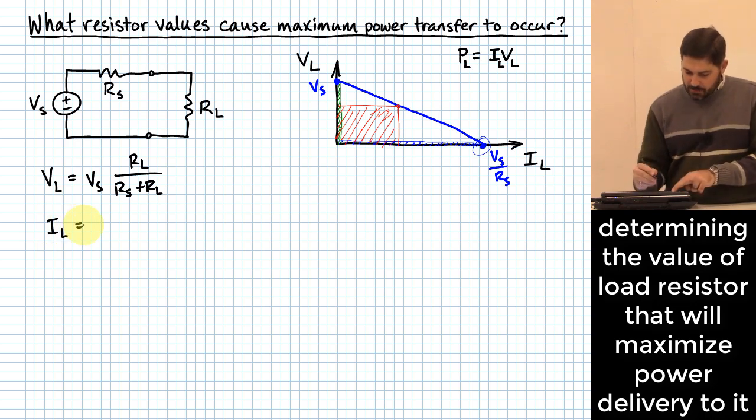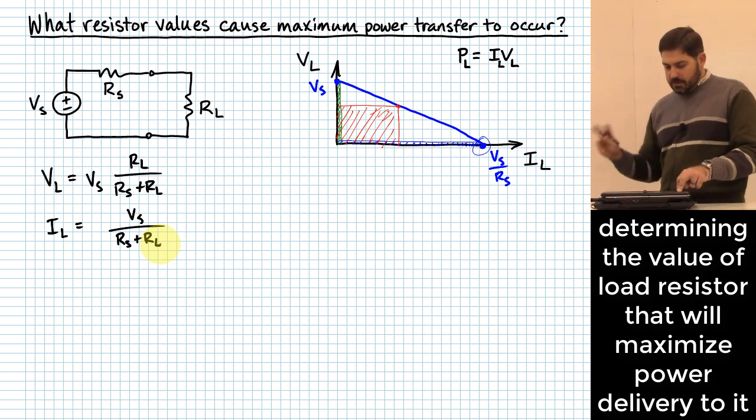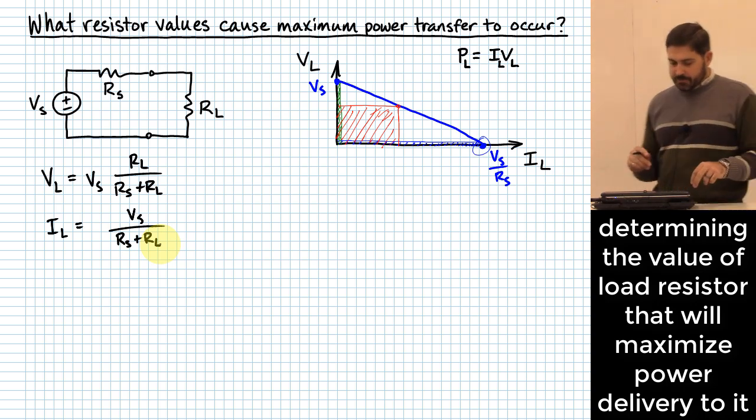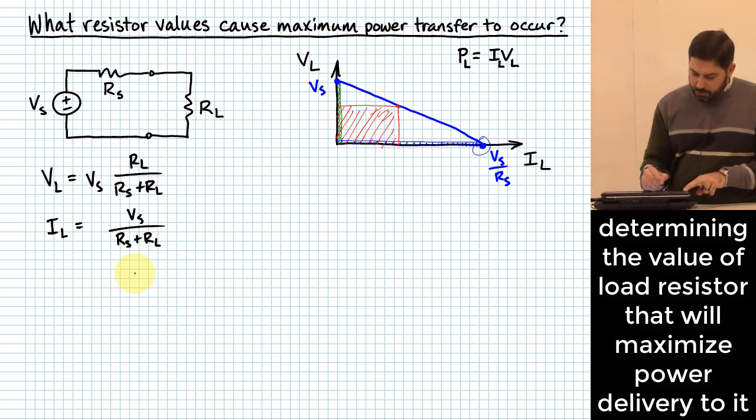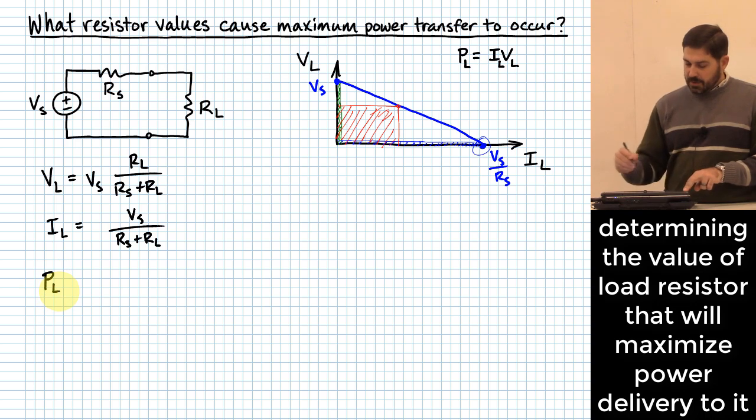It's going to be equal to just VS over RS plus RL. We already did that when we were looking at transformations between practical voltage and current sources. So now based on these, what is an expression I can come up with for PL, the power that is absorbed in the load resistor?